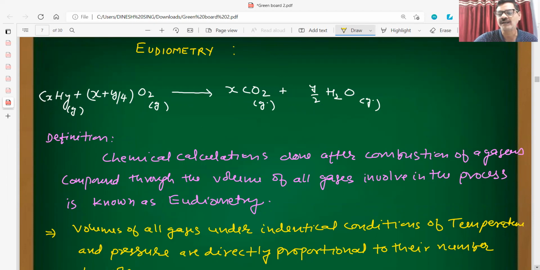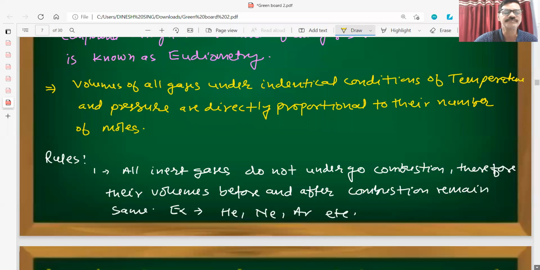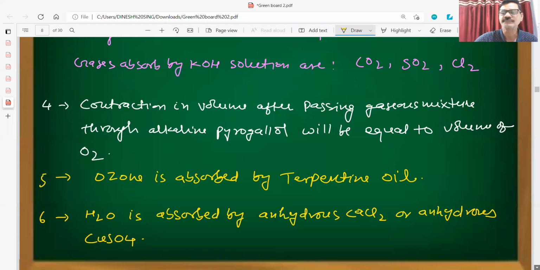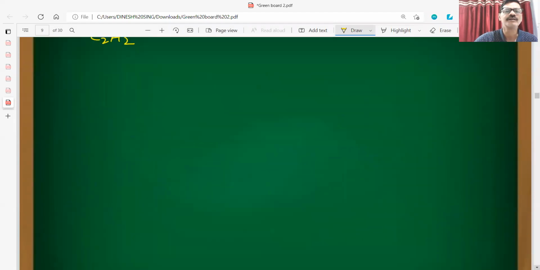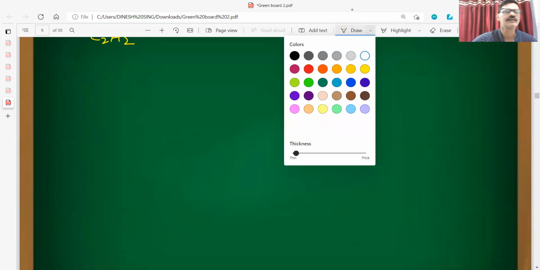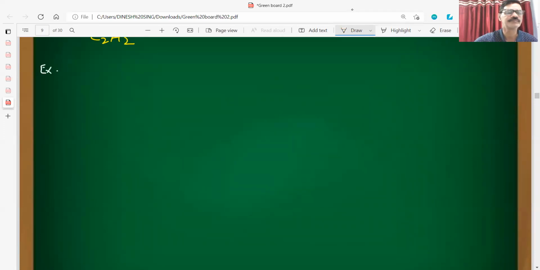So one example I am taking: 7.5 ml of a gaseous hydrocarbon was exploded with 36 ml of O2.